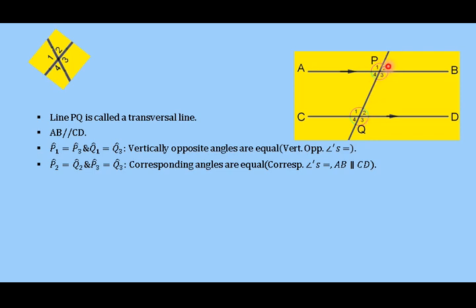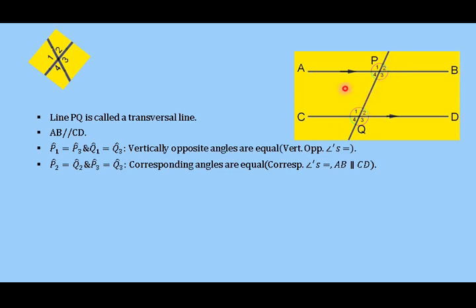It is found on the right hand side of the transversal line and above the line AB. And Q2 is found on the right hand side of the transversal line and above the line CD. You see, this angle is above line CD, and that one is above the line AB, and these two lines are parallel, so angle P2 is equal to Q2.